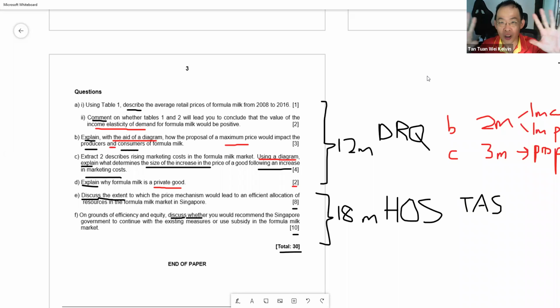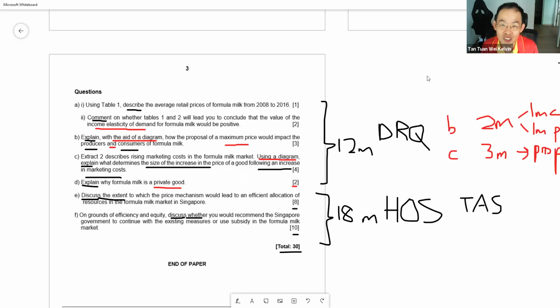So that's where your balanced view comes in. It might and it might not. Okay, then in your conclusion, you take a stand. Which one do you think is more likely to be happening in the context of the formula milk market in this case study.